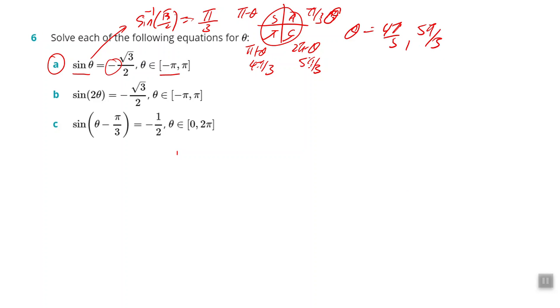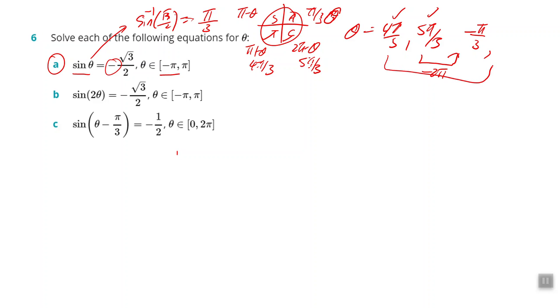Remember how from our solutions you can get more solutions by adding or subtracting 2 pi? Now, these two solutions aren't what we want, because they are over pi, which is not what we want. So if I subtract 2 pi from 5 pi over 3, I get negative pi over 3.